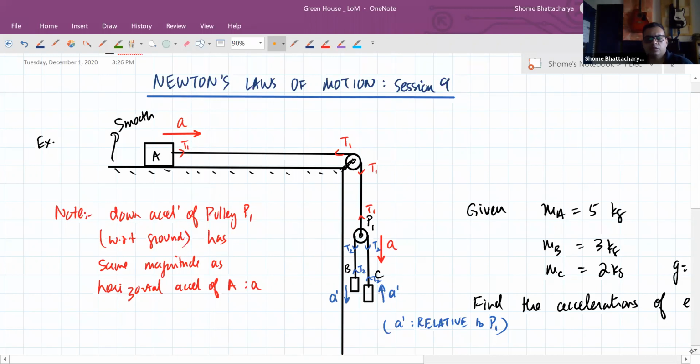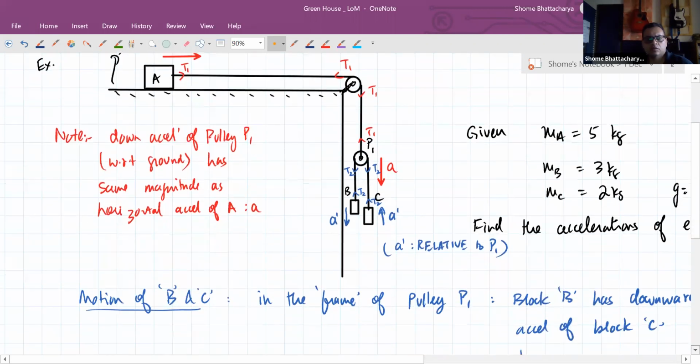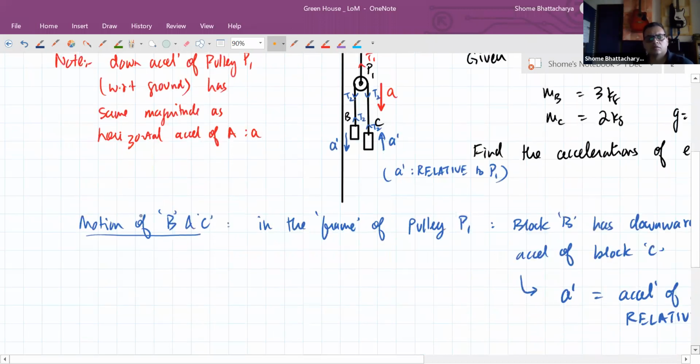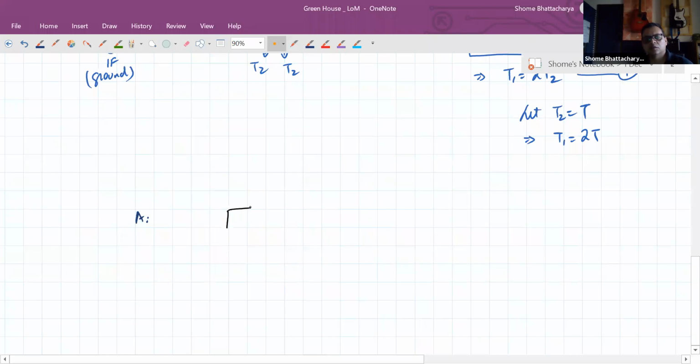Based on this, let's make the free body diagram of the block A. A is pretty simple for us. There is the weight of A, which is balanced by the normal reaction, so no problems there.